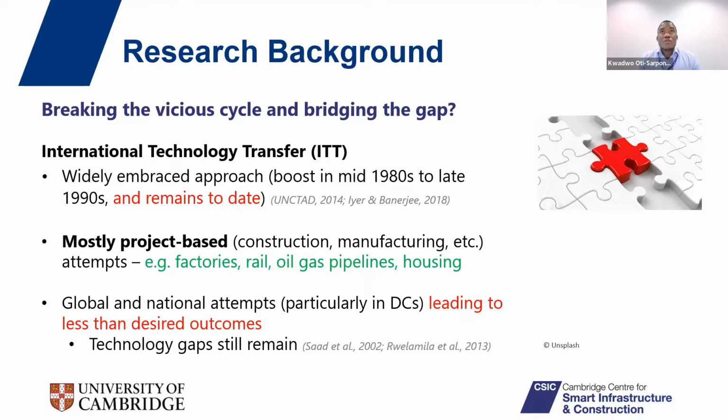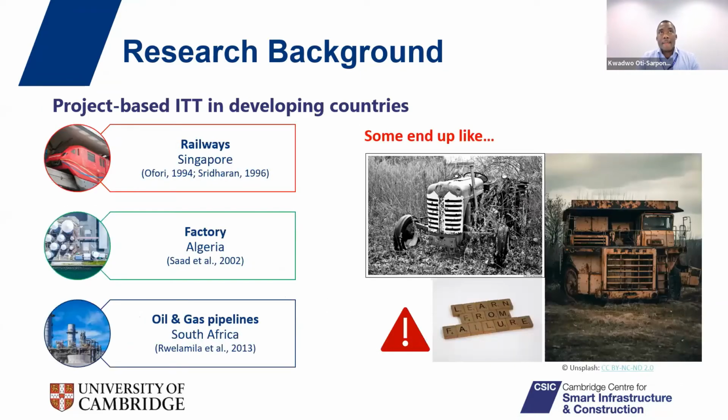Most of them have been construction and manufacturing based, including the construction of factories, rail, oil and gas pipeline projects, as well as housing. But over the 50 years that international technology transfer has been attempted to try and bridge this technology gap, the gap still remains, and there's evidence in the literature to support it.